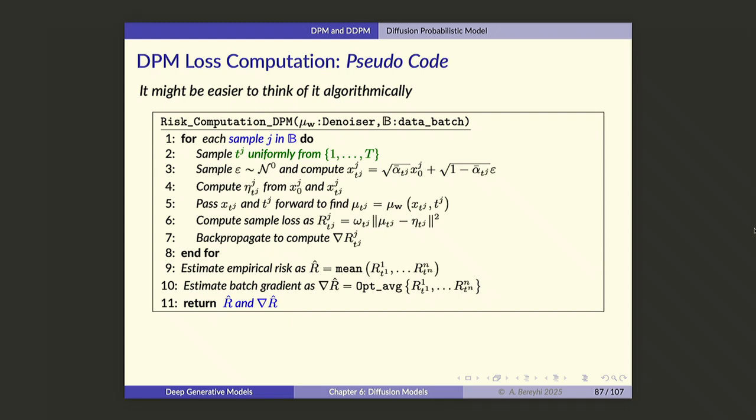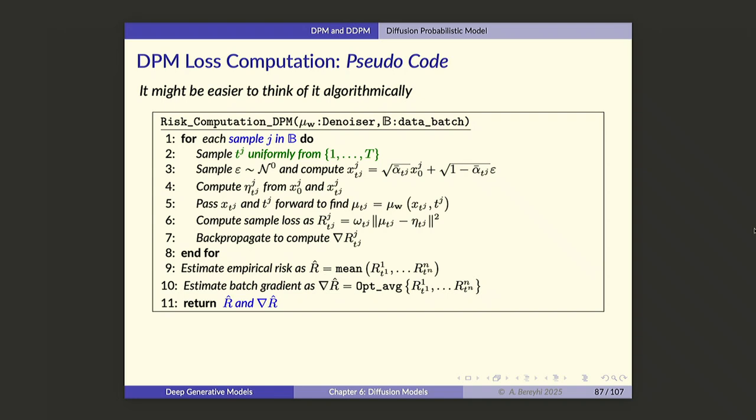I'll put this j here to indicate that this is happening for your sample j, right? When you go for the next sample, again, you sample your time, and that could potentially be different, right? So you're going to have tj here, and now that you have tj, you can build your xt, right? If you want to build the x at this particular sample time t, you only need to get your original data, which was x0.